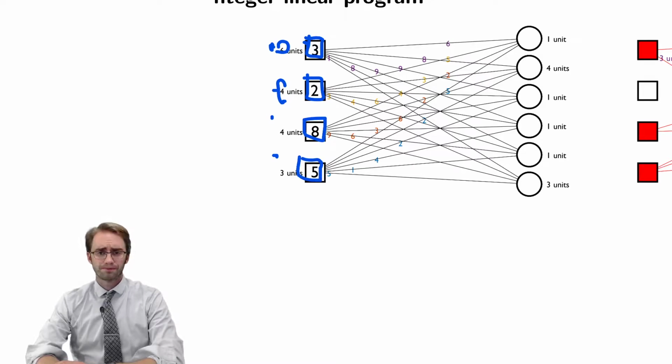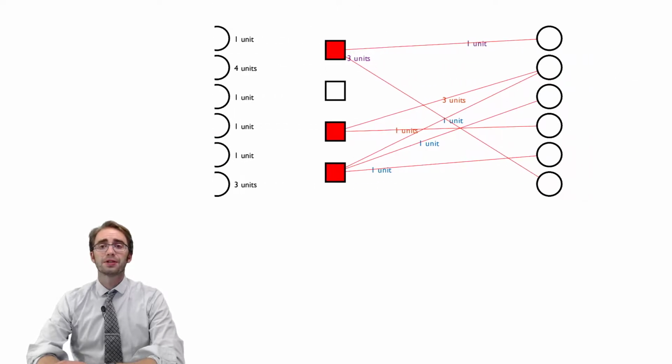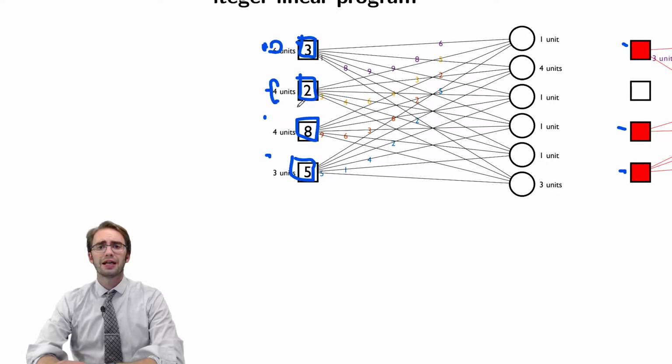Okay, and the solution that I've sketched is here on the right. If you look at that, the optimal solution says you should use the first and third and fourth sites. And what would the cost of that be? The cost for that would be 3 plus 8 plus 5. So 3 and 8 is 11, and 5 is 16.